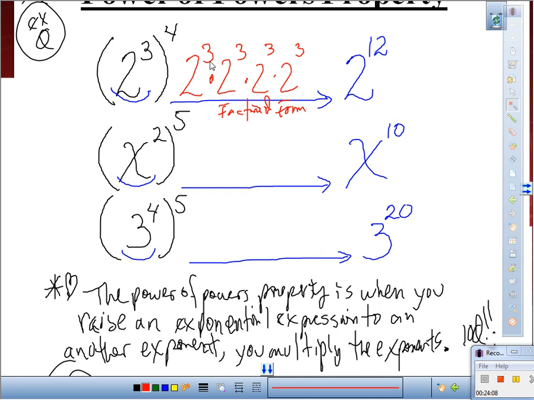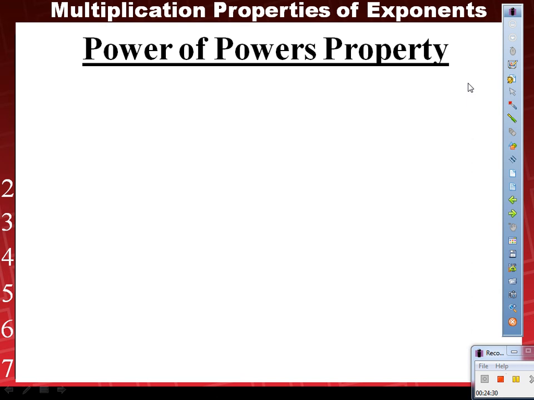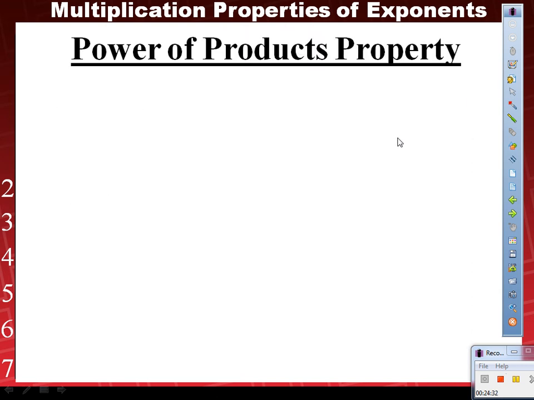Yes. What happens to the exponents? Add 3 plus 3 plus 3 plus 3. From now on, whenever you have doubts in regards to what you're getting at the end, factor it. Or, as I tell my students, when in doubt, factor out. You got it? Last property. You're saying that was it? Yeah, that was it.